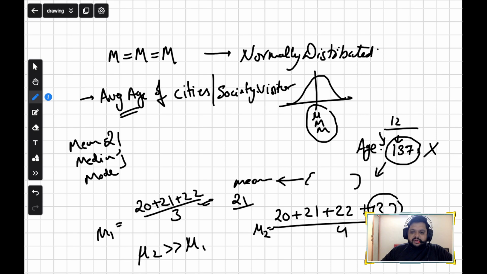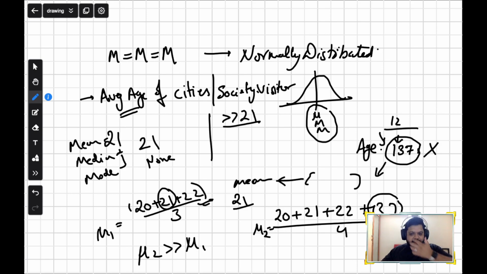Suppose you take the mean, mode, and median. Previously, this was the data: the mean was 21, the median, the middle value, was 21, and there was no mode. Now, the mean comes out much higher than 21, whereas the median only shifts to 21.5, and the mode is still none.